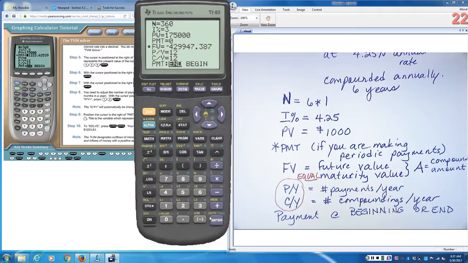You pay $429,947.38 for the $175,000 house. So you pay a little less than $500,000, but it's better than over $1 million. And your payments would be, let's see, I think you have to make that 0.